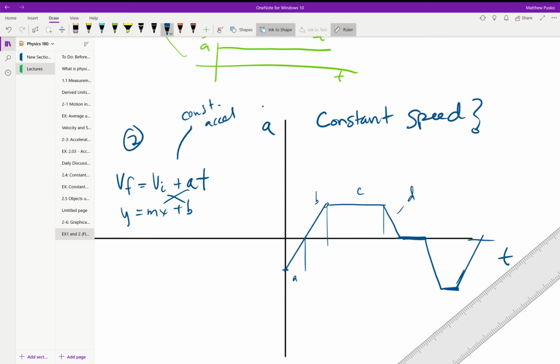The acceleration is equal to the slope we've learned, and the initial velocity would be our y-intercept. So if v final needs to be equal to v initial, then we can't have accelerations. That's all I'm getting at right there.